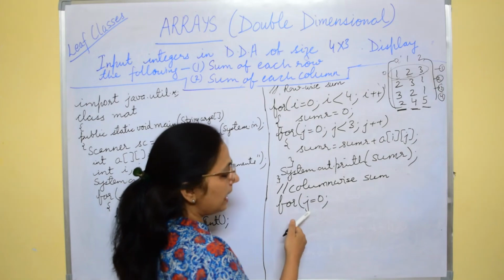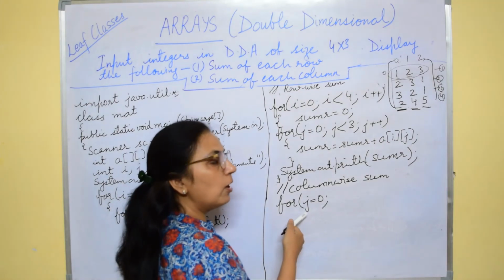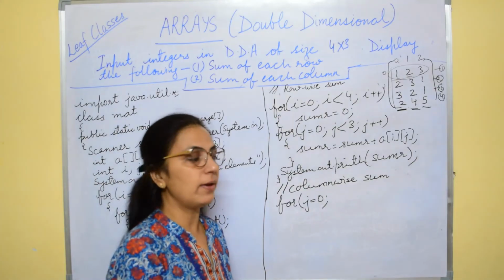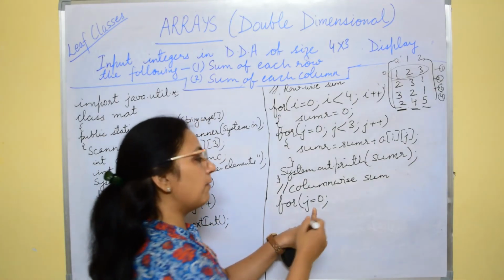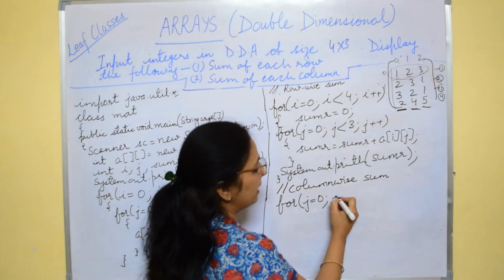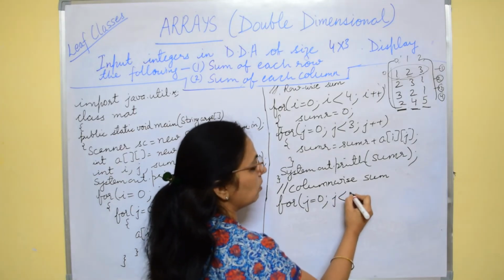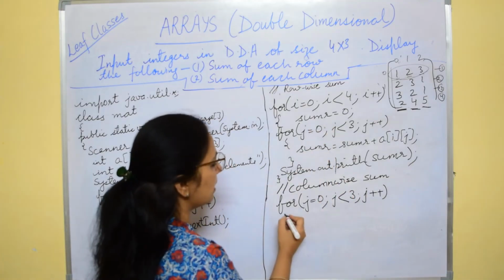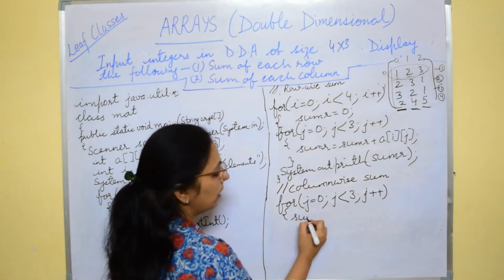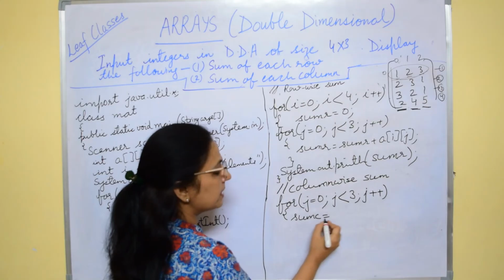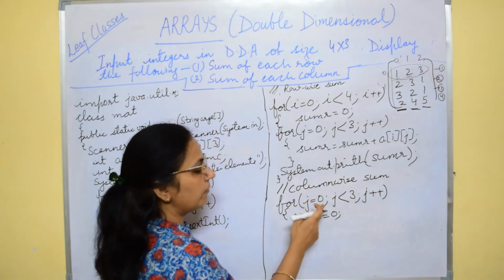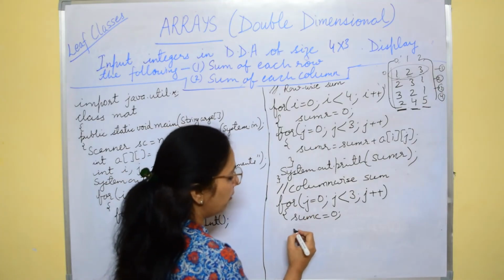Normally we take the j variable for columns. So here I am taking the j variable as the outer variable because we will be calculating column wise sum. So j equals to 0, j less than 3, j plus plus. Again using the same concept, the variable sum c will be initialized to 0 every time we are changing the column value.